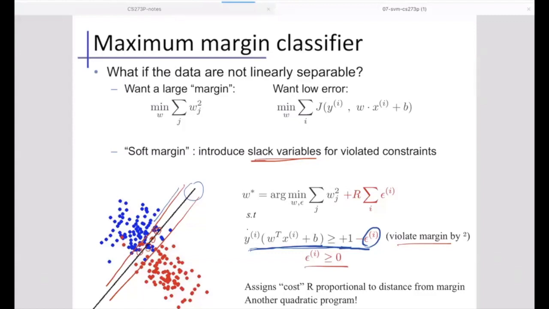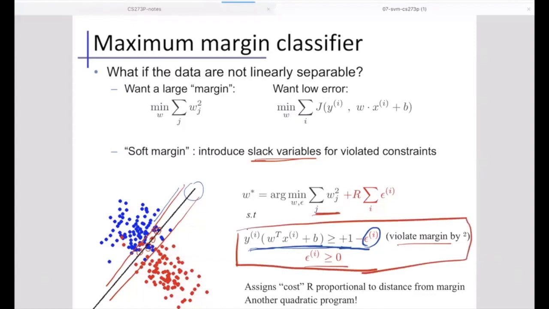We're still going to minimize the inverse of the margin, that is, maximize the margin, but the constraints are now relaxed, because some data points are going to violate the separating constraints. However, we encourage you to have as small violations as possible. That is what this term is used for.